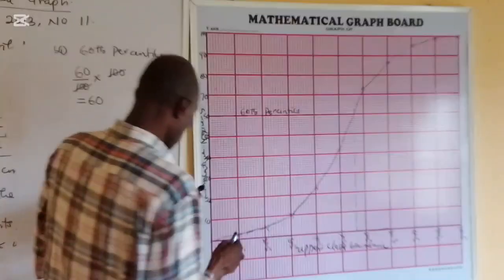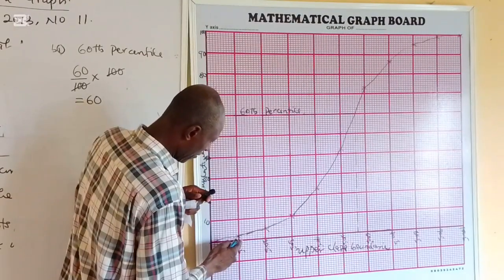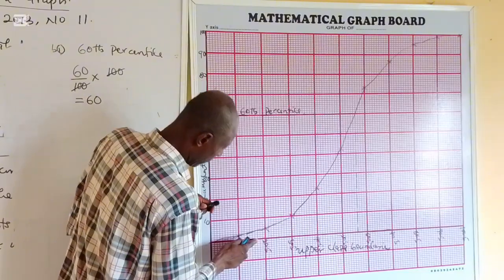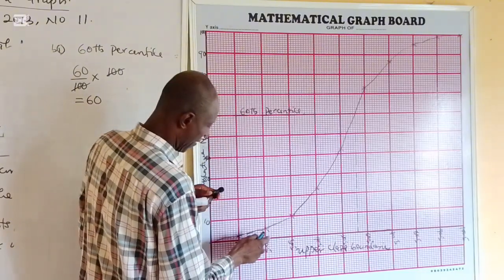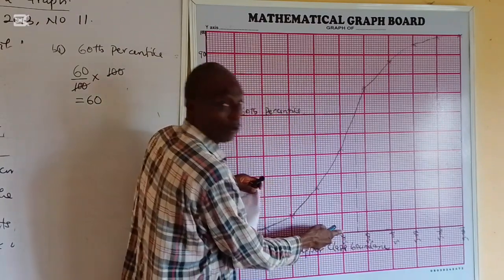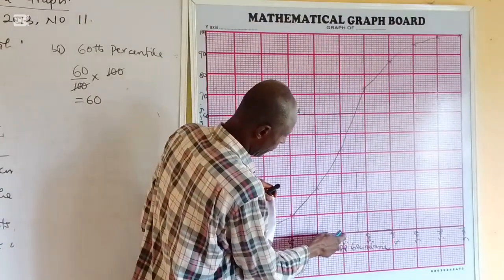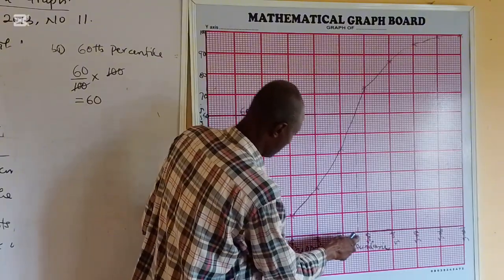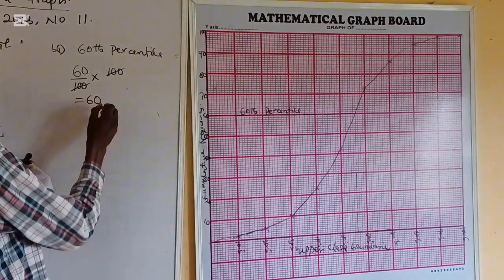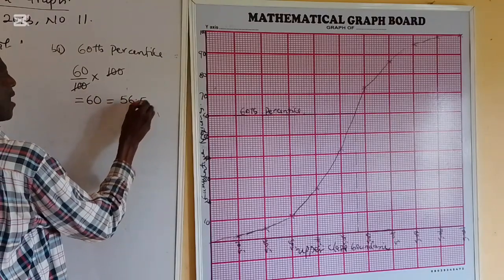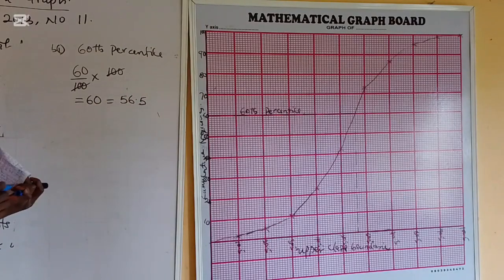There is 10.5, 11.5, 12.5, 13.5, 14.5, 15.5, 16.5, 17.5, 18.5, 19.5, 20.5. So here will be, yes, 50. 50.5, 51.5, 52.5, 53.5, 54.5, 55.5, 56.5. So the answer is 56.5. Okay, that is the answer to number 1.